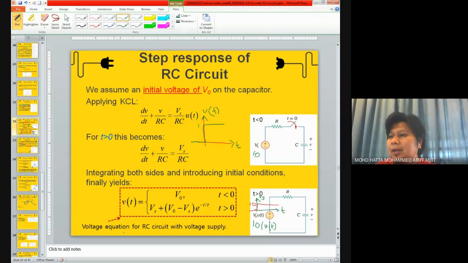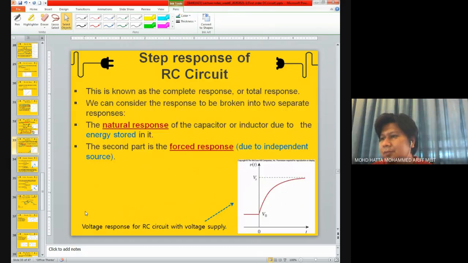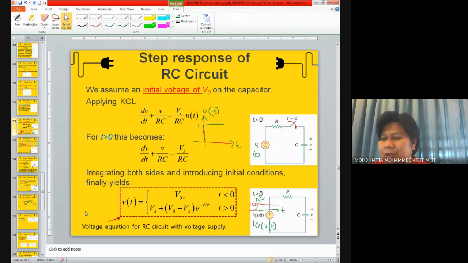Now, as I mentioned just now, you only need to remember this part. This part maybe you can have a look at later in your textbook. This is known as a complete response. In other words, v of t that I boxed over here is the complete response of voltage across the capacitor.